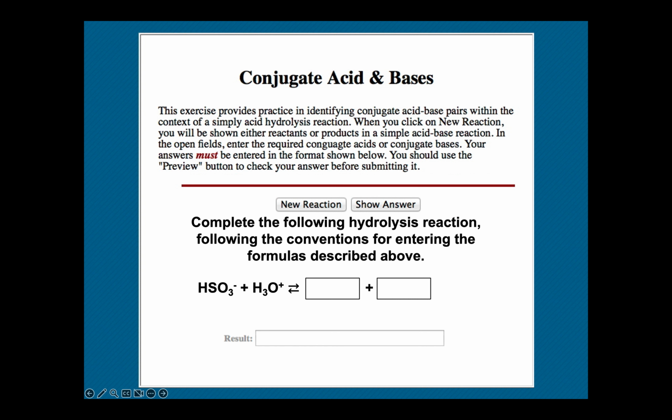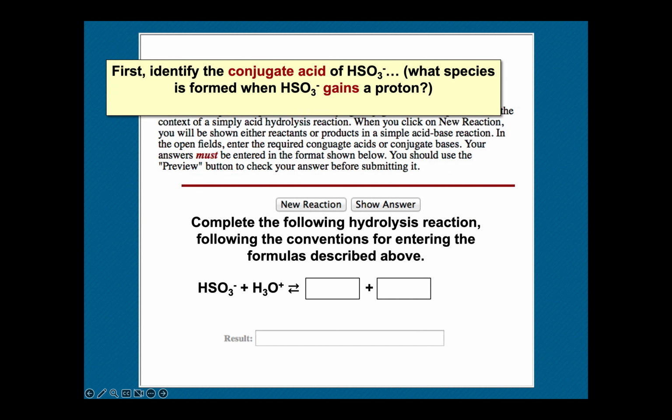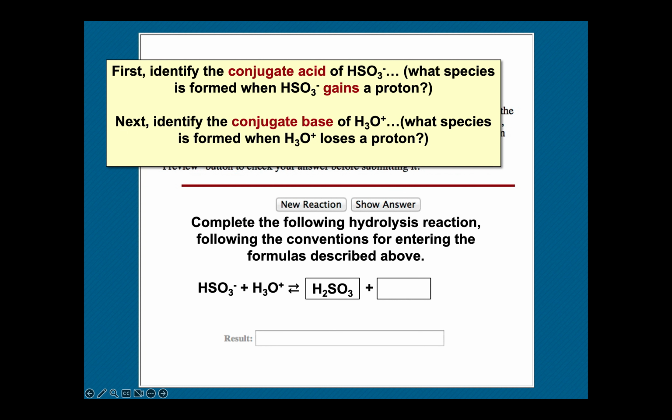So this is going to be our Bronsted acid here. Question is, for hydrogen sulfite, when it gains a proton, what do you get? Simply sulfurous acid. When hydronium loses a proton, what do you get? Simply water. Any questions?